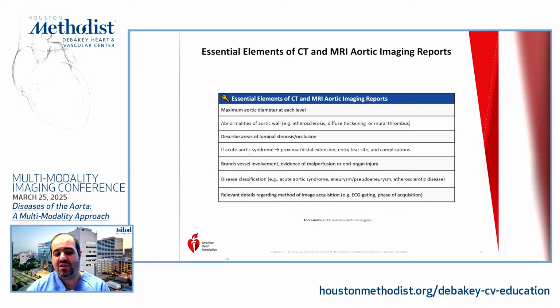And if there is an acute aortic syndrome, I need to tell whether this is proximal or distal extension, entry tear, and complications, branch vessel involvement, malperfusion, and organ injury, the disease classification. And more importantly, both on CT and MRI, we acquire images with electrocardiogram gating, and we also try to optimize those images to be done during diastole, similar to how we do our echo imaging.